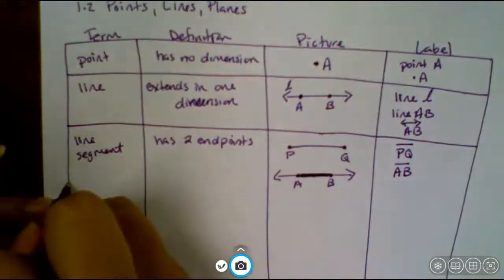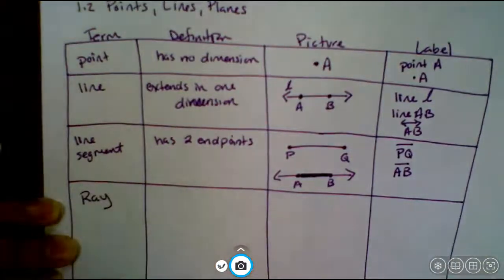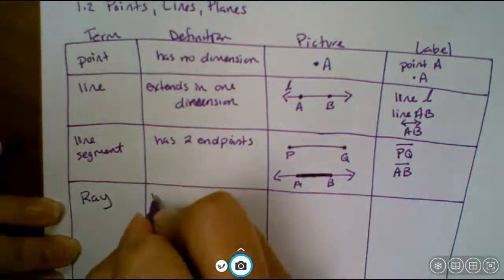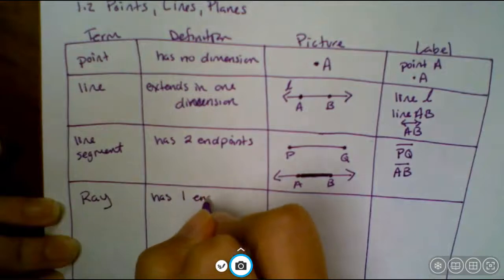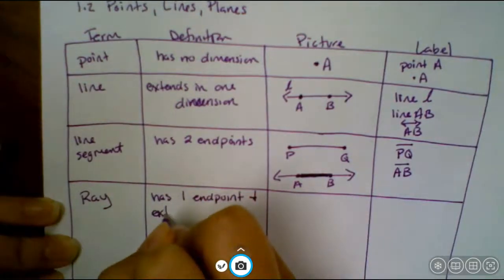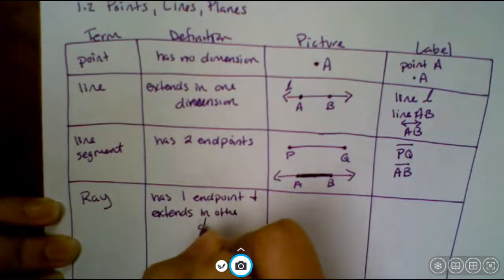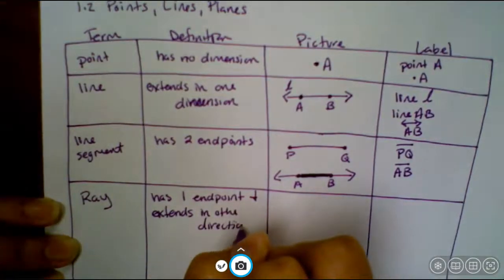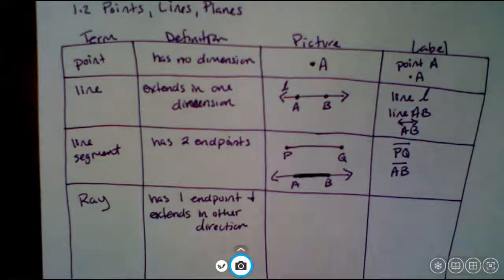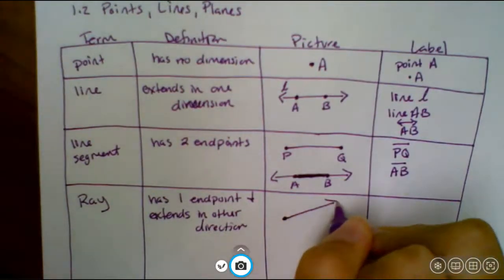All right, the next one is a ray. A ray has 1 endpoint and extends in the other direction. Okay, so a ray, you're going to see an endpoint, and then you're going to see it shoot through some points.